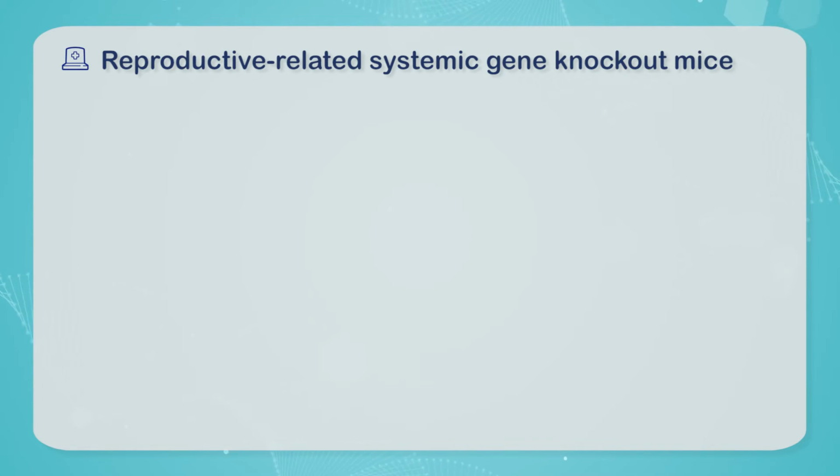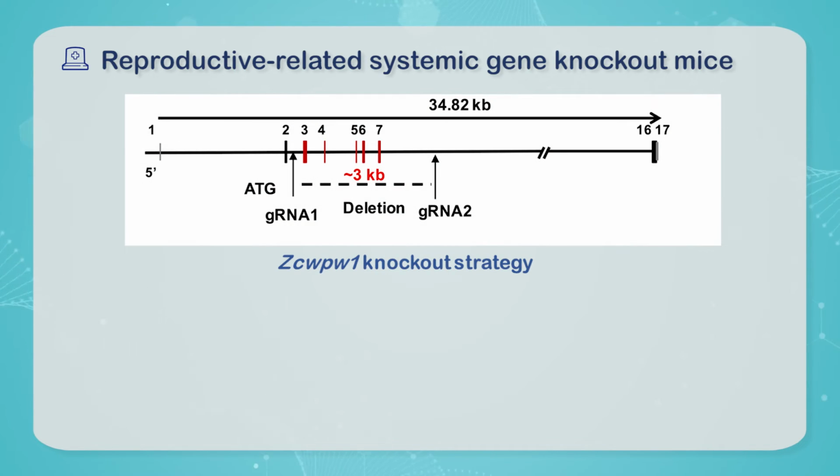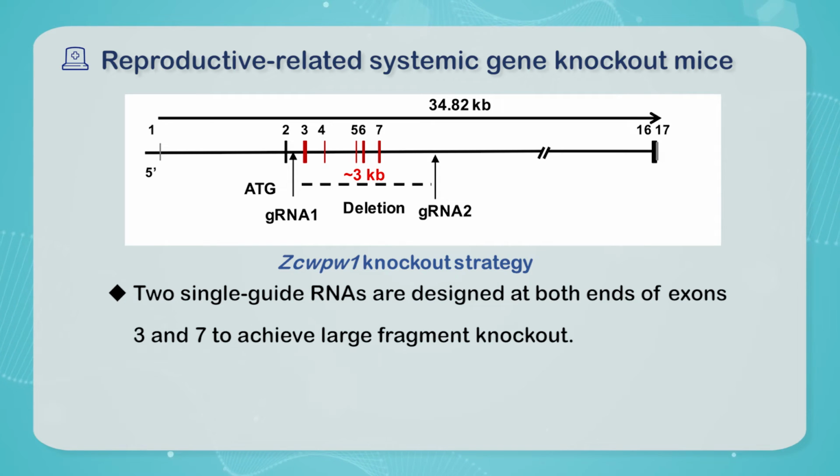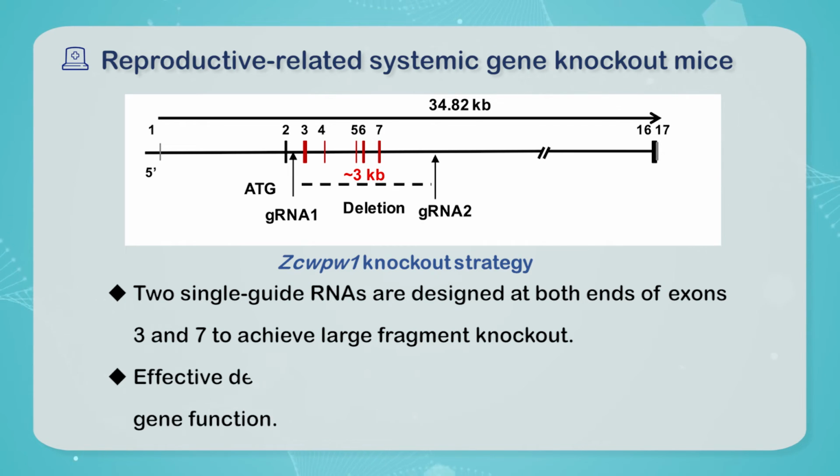For genes specifically expressed in the testes or ovary, conventional knockout mice can be constructed by Cas9 technology. Taking the testis-specific expression of the DCW-PW1 gene as an example, two single-guide RNAs are designed at both exon 3 and exon 7 to achieve large fragment knockout.